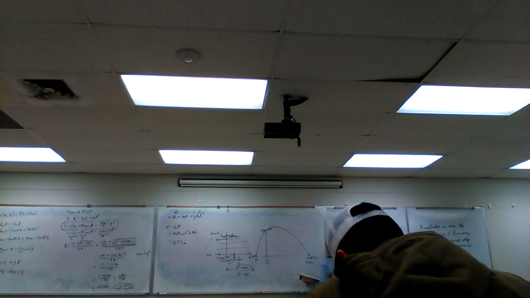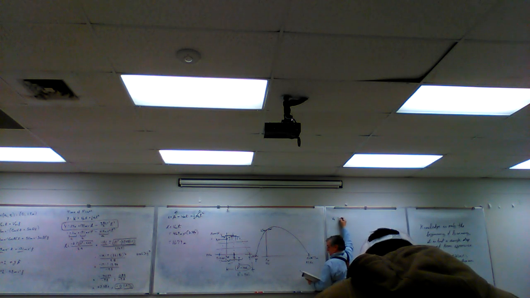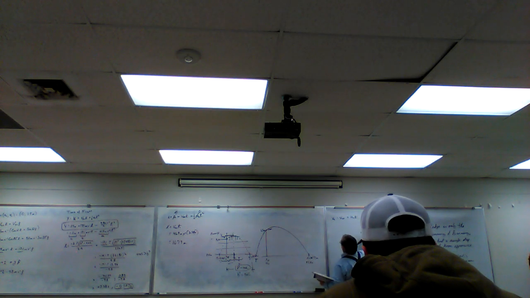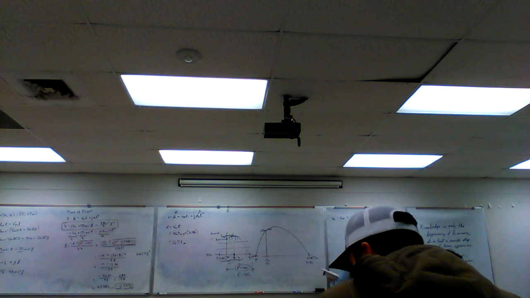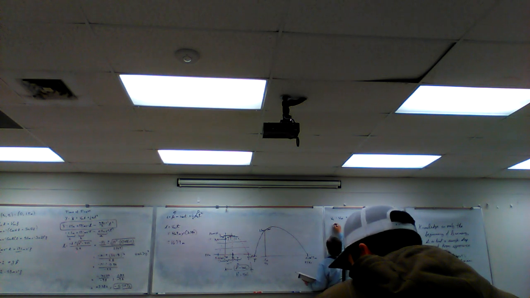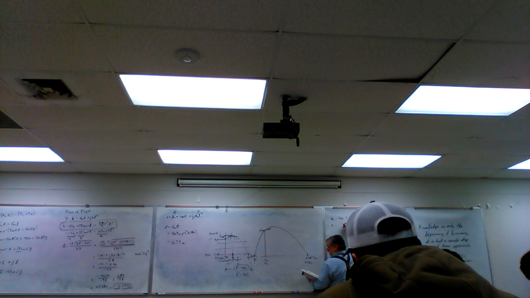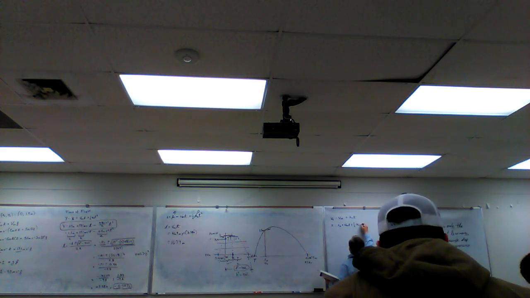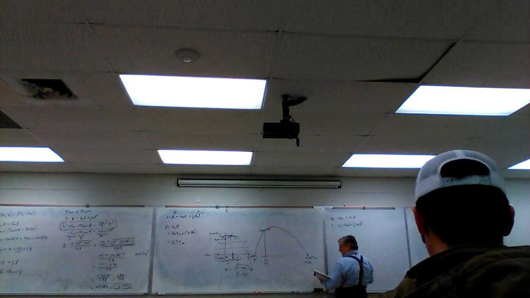So V sub x is equal to V sub x sub naught plus A sub x T. And then we've got x is equal to what we already know, x sub naught plus V sub x sub naught T plus 1/2 A sub x T squared.